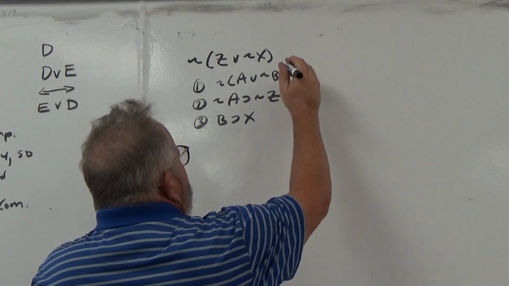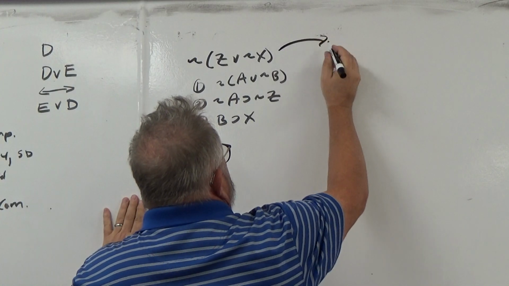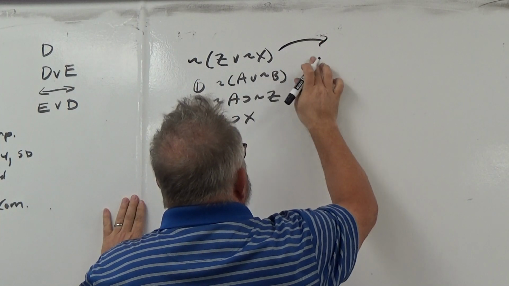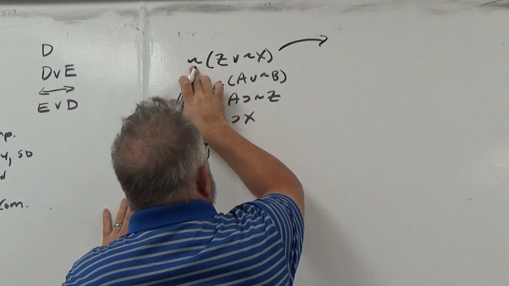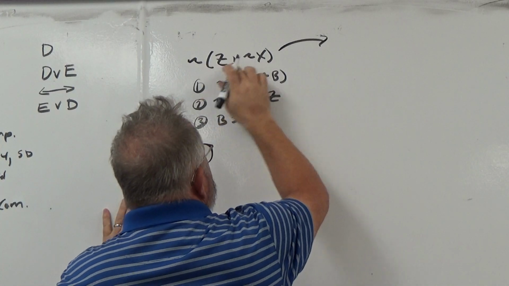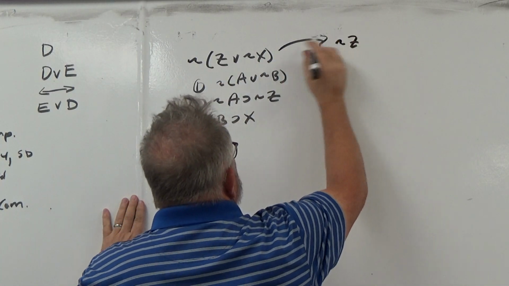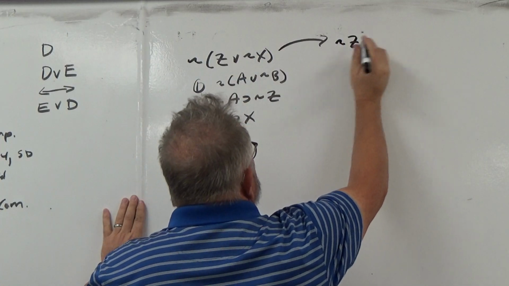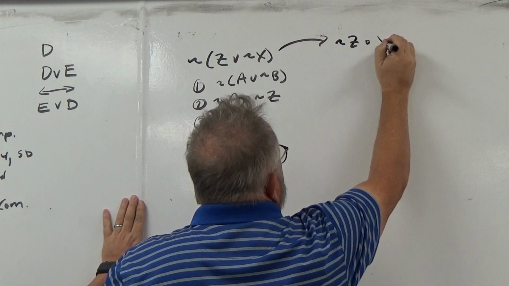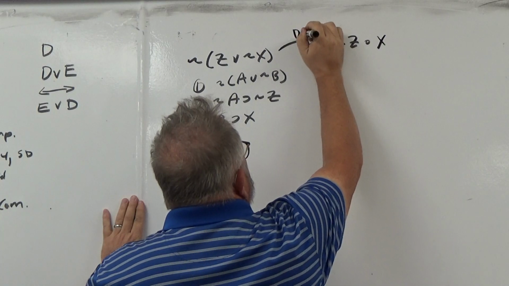So I'm going to write a mental note that this is the same thing as, I'm going to do De Morgan's on it. I'm going to push the negation through, so Z becomes not Z, or becomes and, not X becomes X, and that was by De Morgan's.